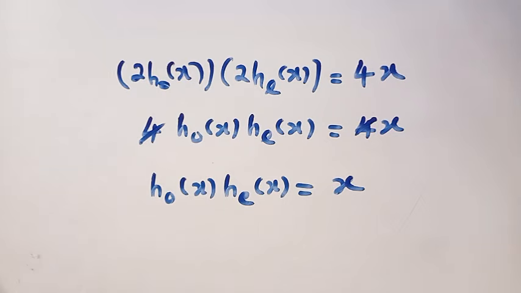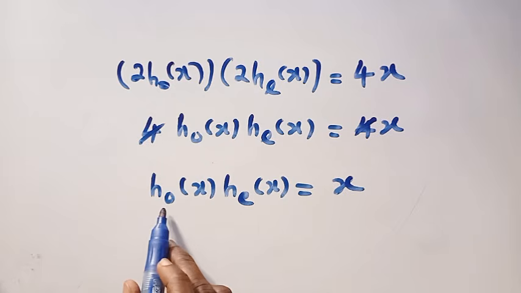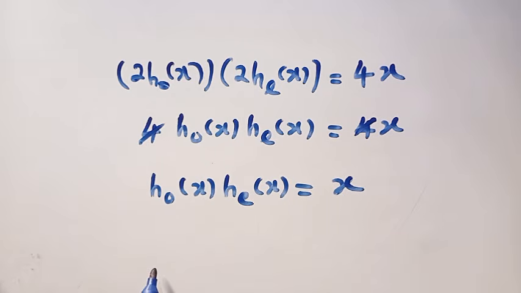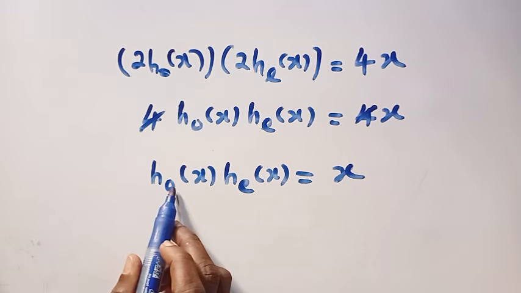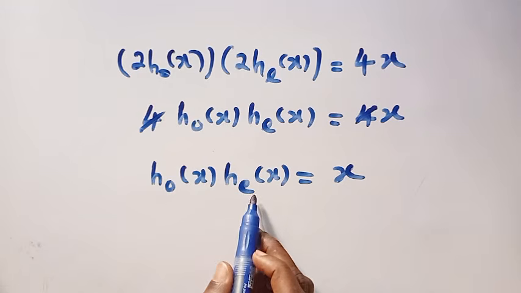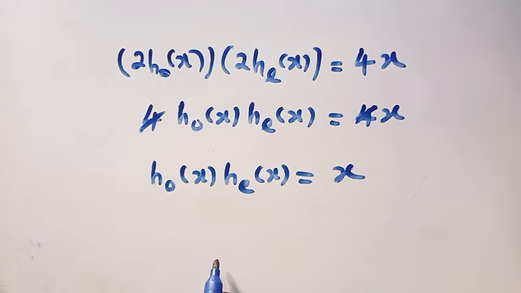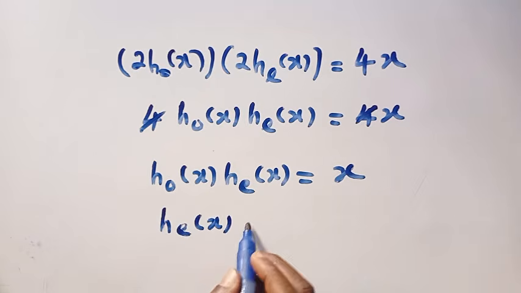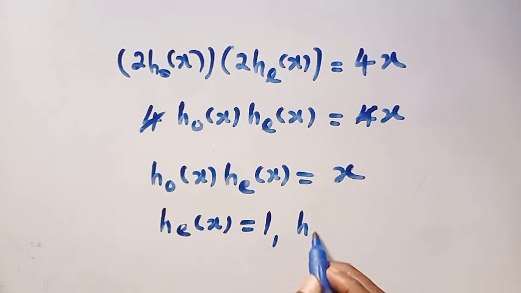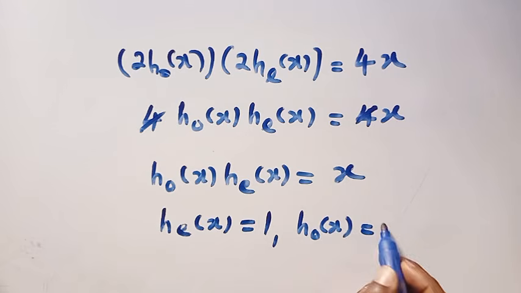So this is what we have for the product of the odd and even functions. The simplest possibility here is when h_e equals 1 and h_o equals x.